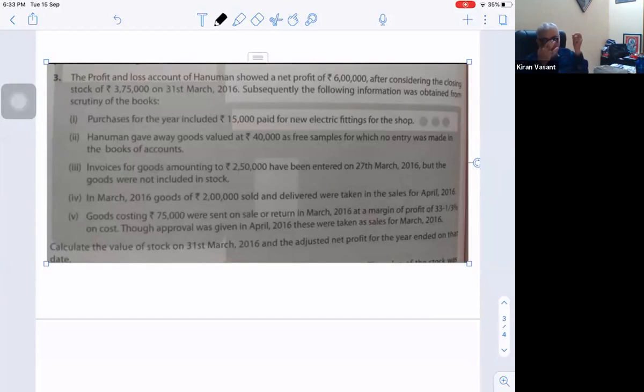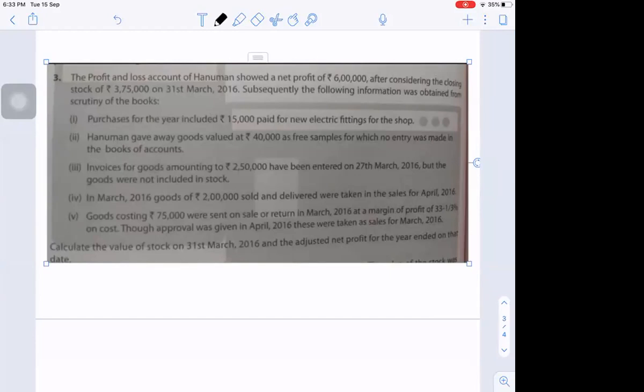Kritika, please read this question. Yes, sir. The profit and loss account of Hanuman showed a net profit of rupees 6 lakhs after considering the closing stock of rupees 3,75,000 on 31st March 2016. Consequently, the following information was obtained from scrutiny of the books.